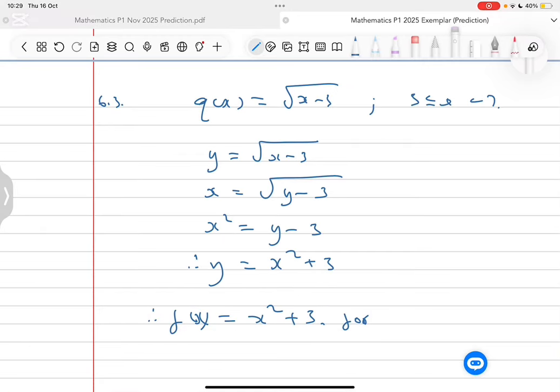So now I'm going to say here I'm having the root of 3 minus 3, and you can see that the root of 3 minus 3 gives me a 0. It means my y value is 0. Now this y value that we have for this function will be the x value on the inverse. So that means here I'm going to have 0 is less than or equal to x.